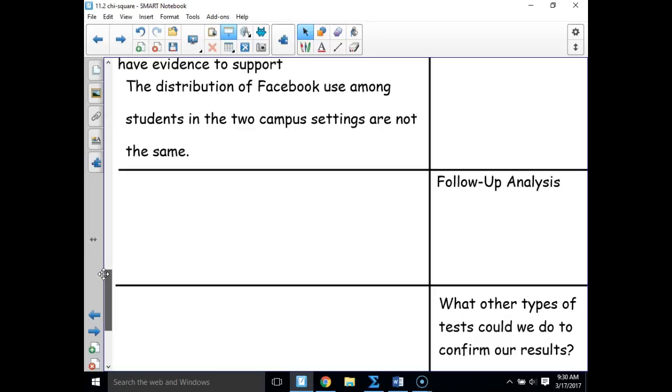So what type of variables do we have here? We have what campus you're going to and how often you use Facebook. Are they categorical or are they quantitative? They would be one of each if I asked how many hours you are spending on Facebook.